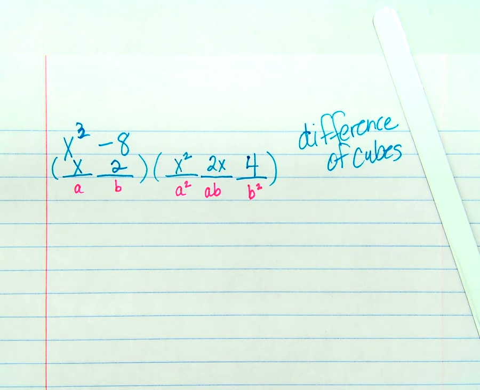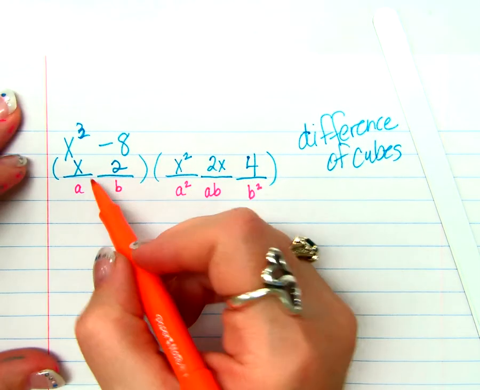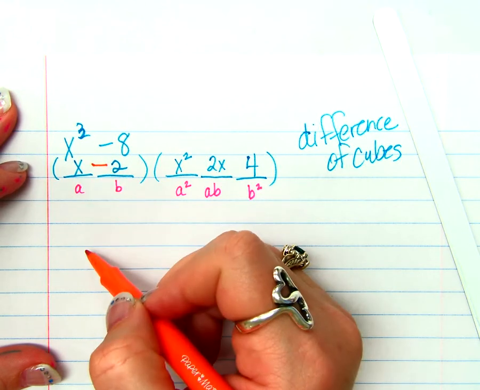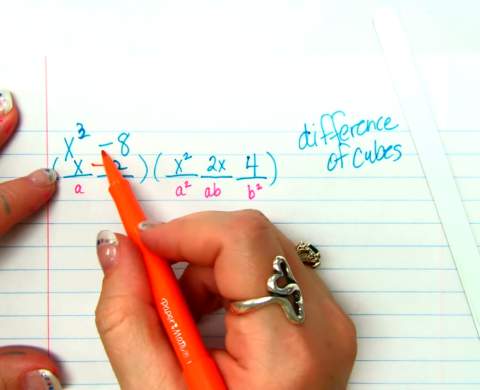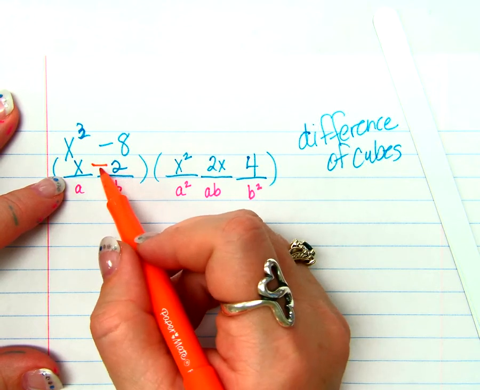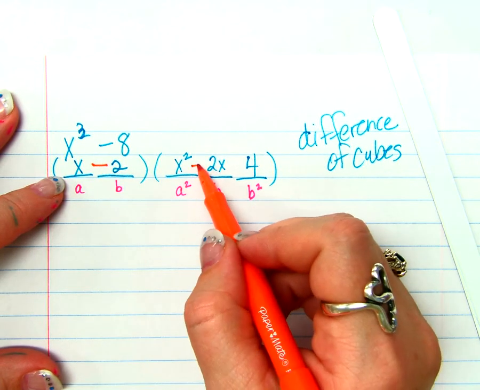So what am I missing? Signs. Okay? The signs also go in a pattern that don't always go with the numbers that are there, but the signs always have a pattern. In the binomial, whatever sign is in the problem, that's the sign that goes in the binomial. It's x cubed minus 8, so the binomial is x minus 2. Got it? The next sign is opposite of that.